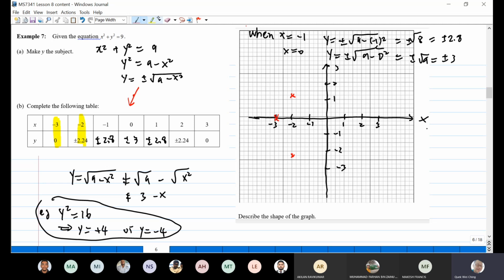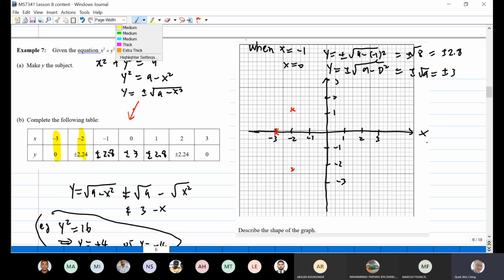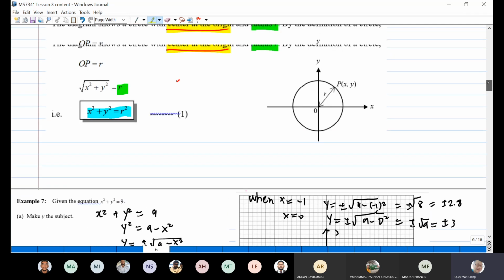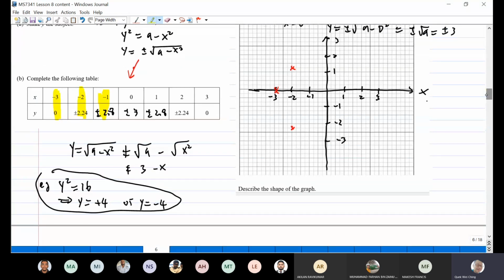Then the next point, roughly. So this is actually plus or minus 2.8 there. So let me erase this one. Okay, 2.8 there.